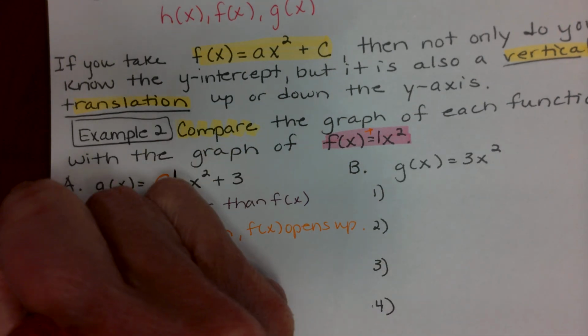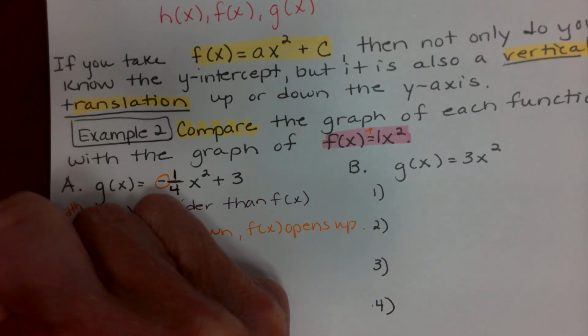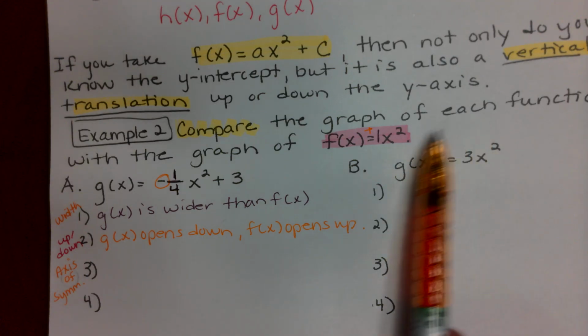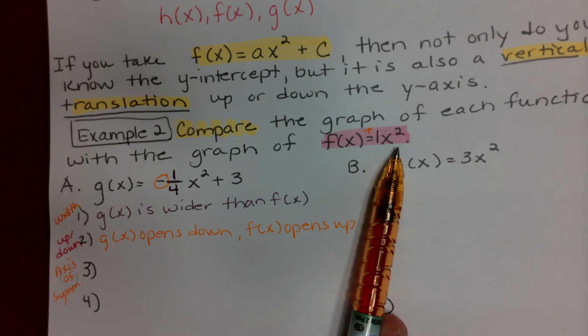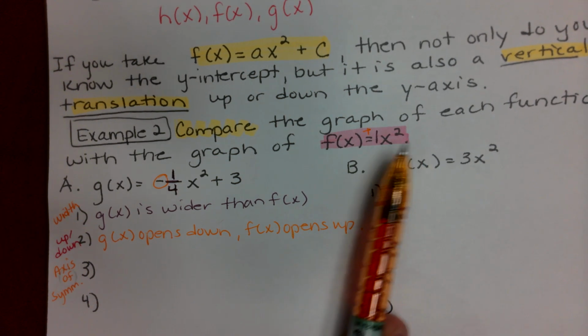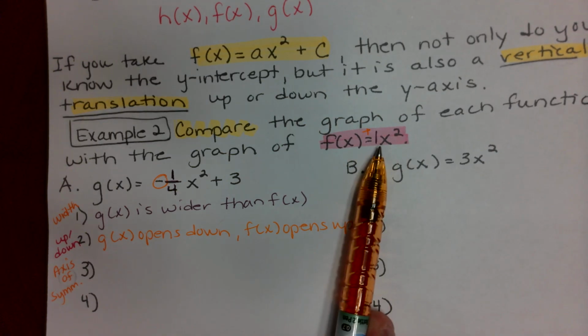Another thought you can do is talk about their axes of symmetry. Remember, x equals the opposite of b over 2a. What's the axis of symmetry here? There's no b, so it's 0 over 2, so it's 0.